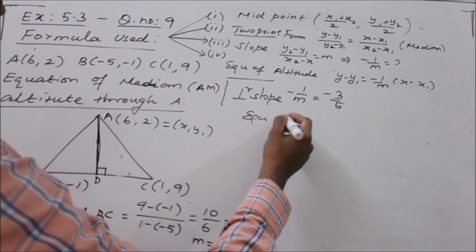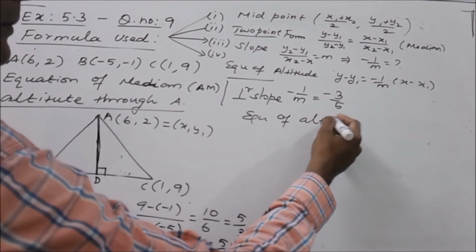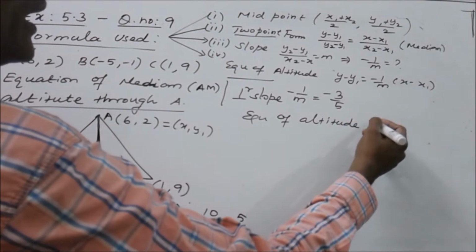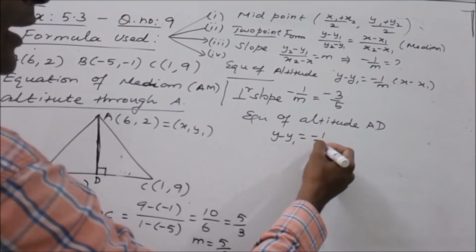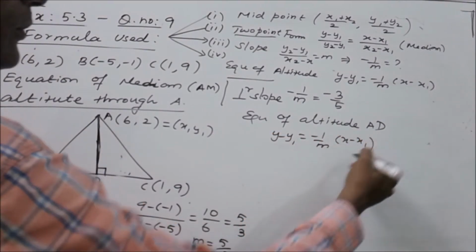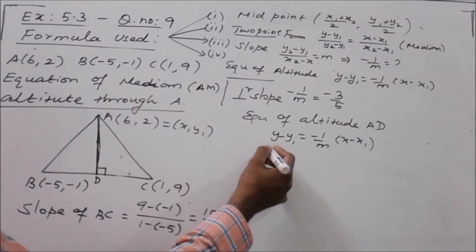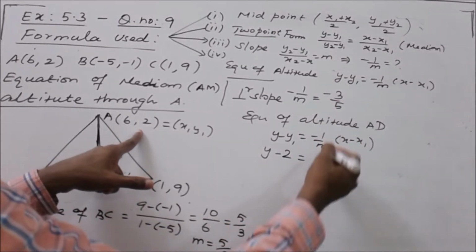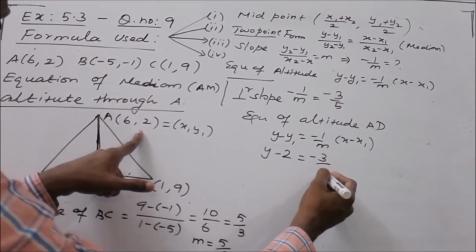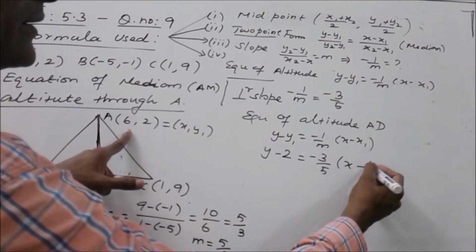Equation of altitude AD is y - y1 = -1/m (x - x1). Here y - 2 = -3/5 (x - 6).